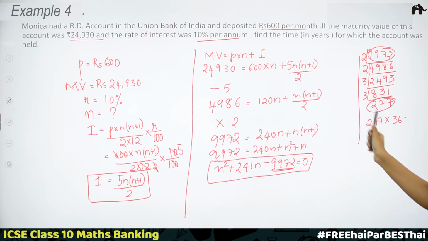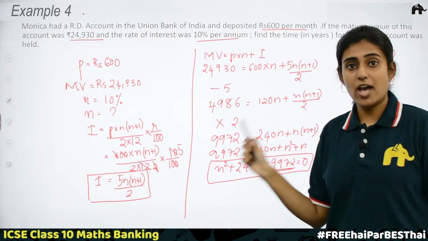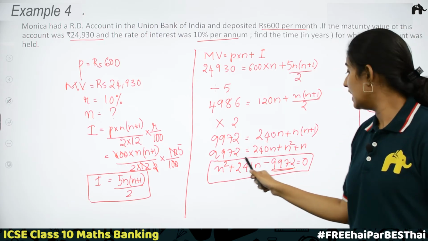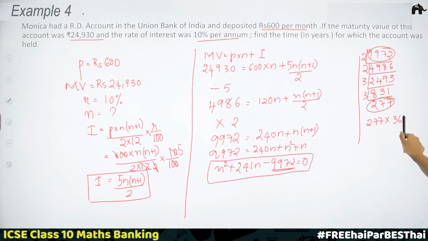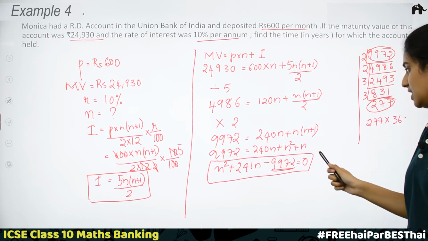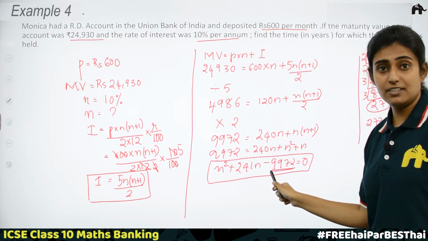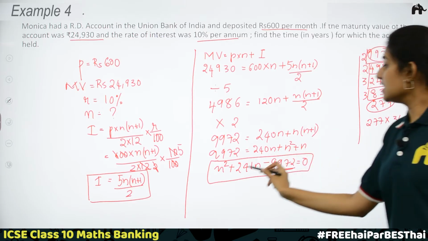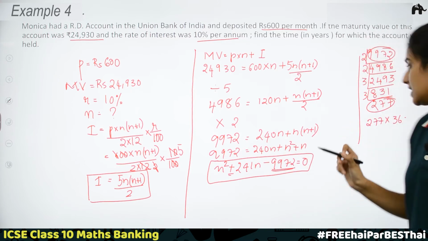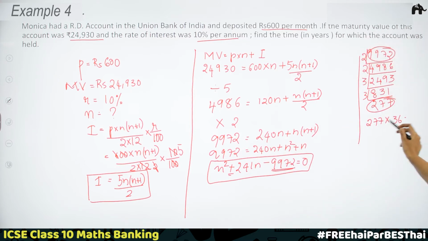Now, while splitting the middle term, you have to remember one thing, that is here we have a positive value, which means of these two numbers, one number is positive and the other number is negative, because on multiplying we have to get a negative number here. Since this is positive, it means the greater number should be positive, that is 277 and 36.